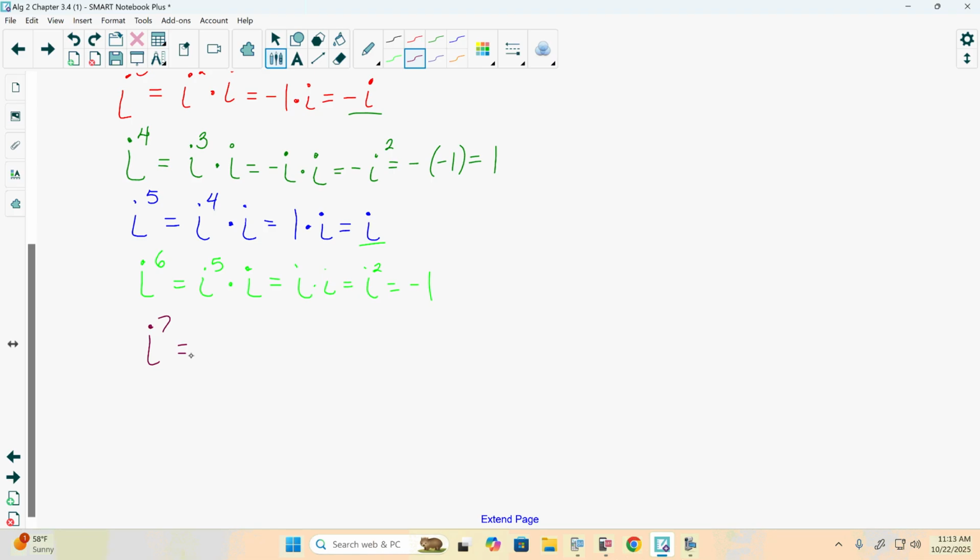Anybody have a guess at what i to the seventh is going to be? Negative i. It's going to be negative i, because i to the sixth is negative 1, and negative 1 times i is negative i.